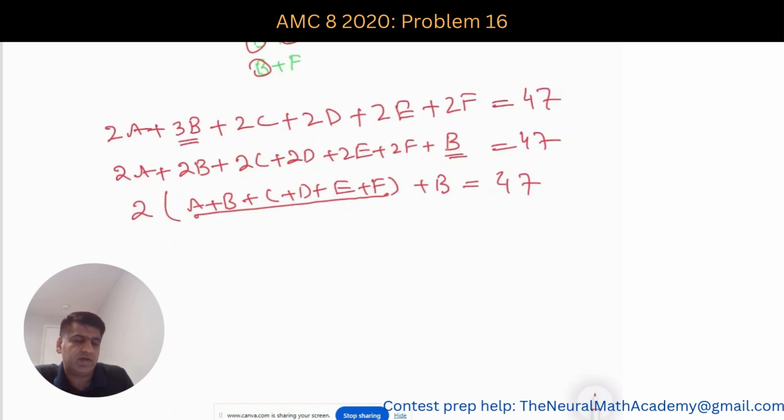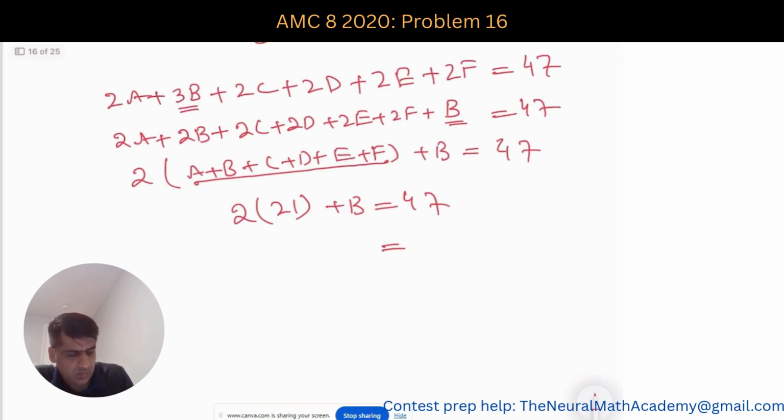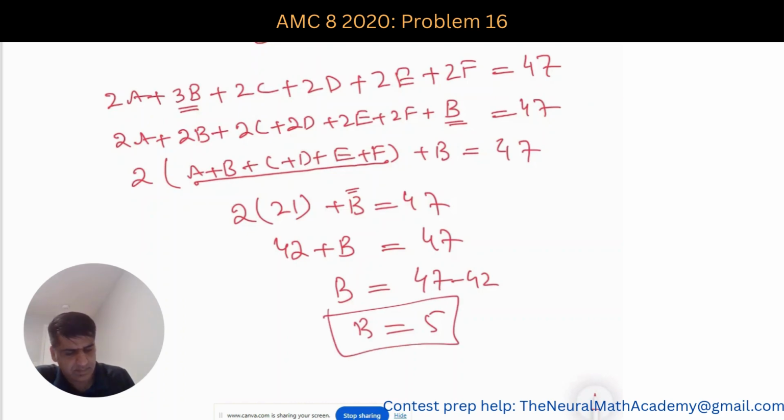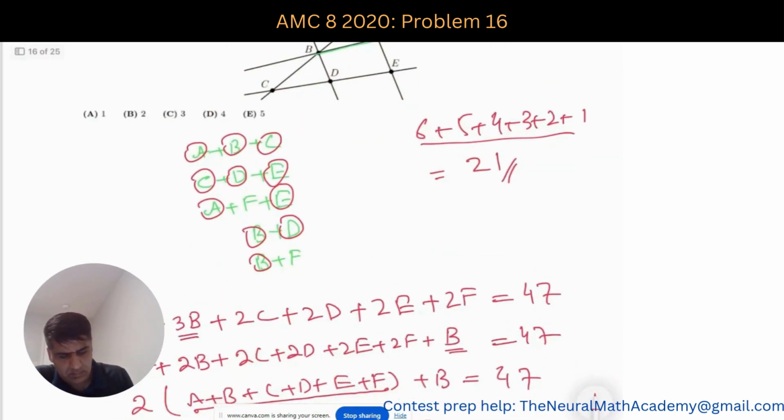However, what we know is the sum. So the sum is 21, and I can put that here. And now I have one unknown, and I can solve for that. And that unknown is B. So B is 5 then. And the answer is E.